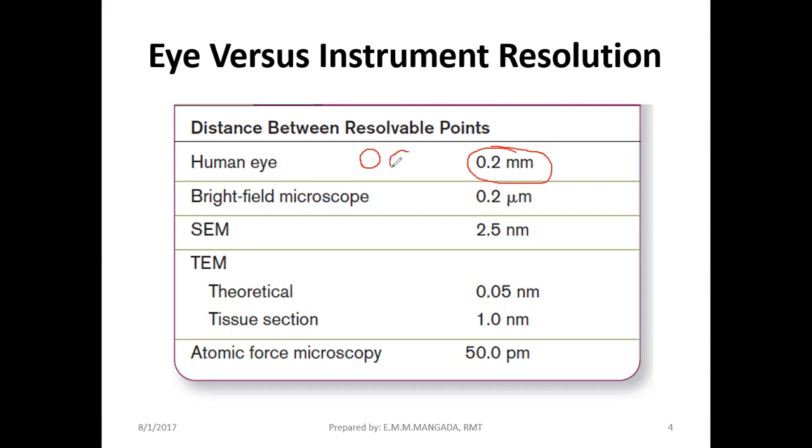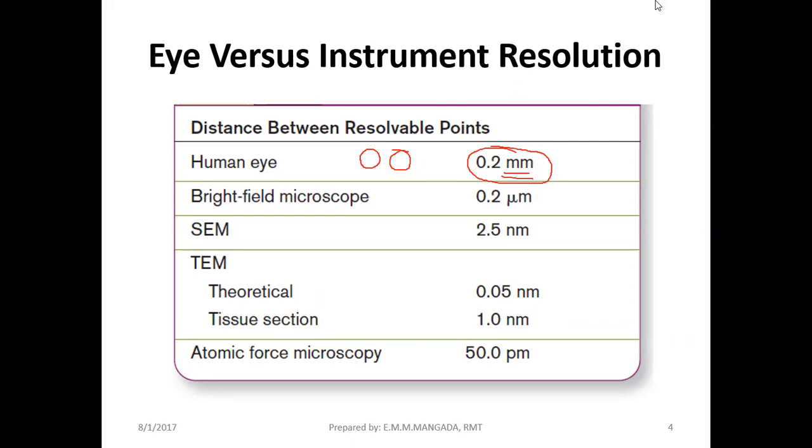For example, two objects as small as 0.2 millimeter, our eyes can see them as two separate objects.